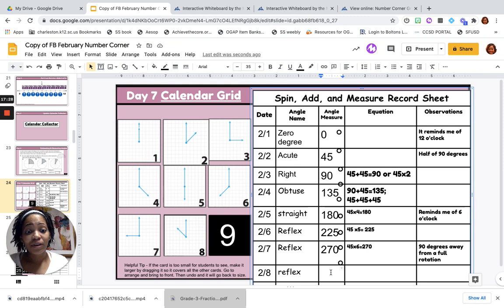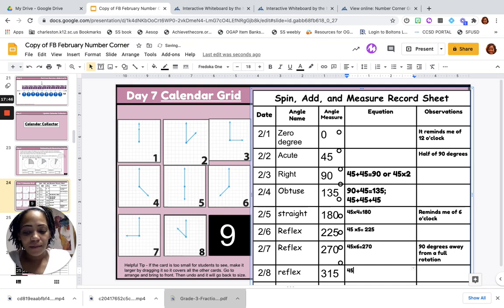Yeah, adding 45 degrees. So 270 degrees plus 45 degrees is 315 degrees. And that's the same thing as 45 times 7.